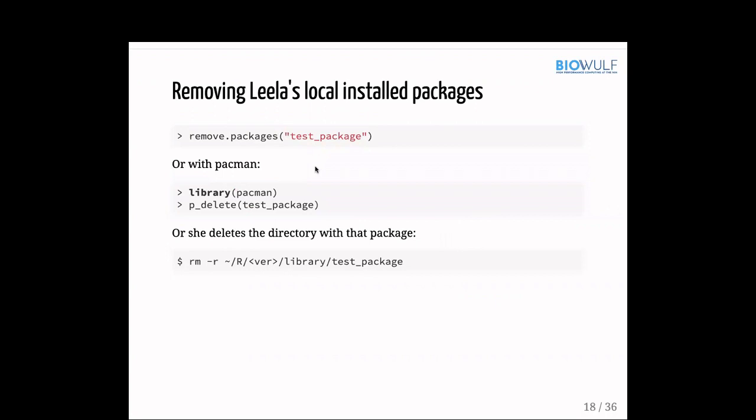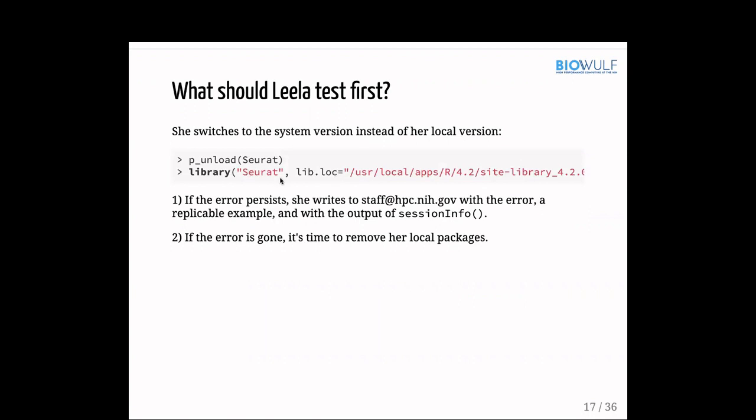Occasionally just removing it and reinstalling can solve the problem, so you don't always have to remove a package. However, Seurat is a special case because this package is compiled differently on the cluster than the one you just download from GitHub. So it's not enough to just move to the system; you sometimes also have to remove the local one to get it to work.